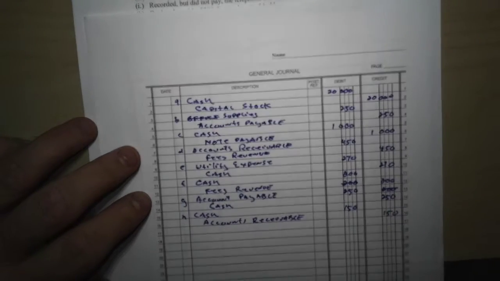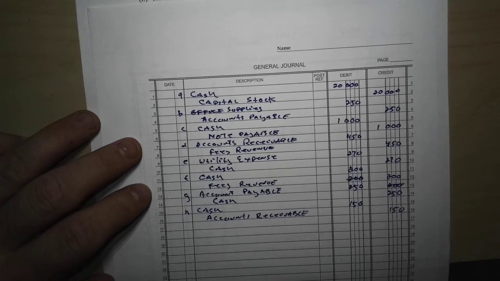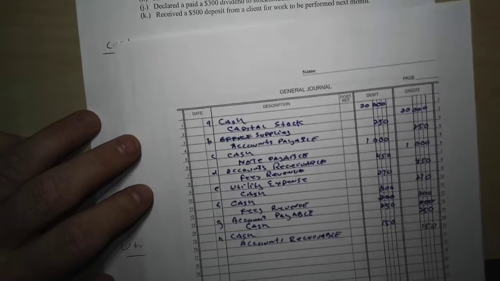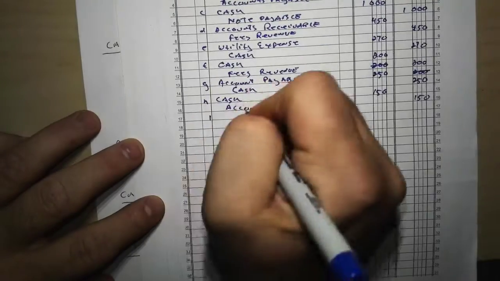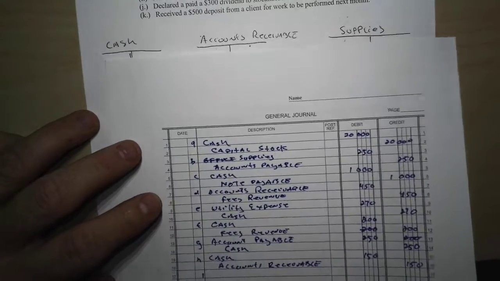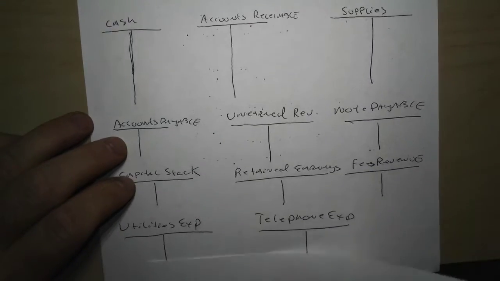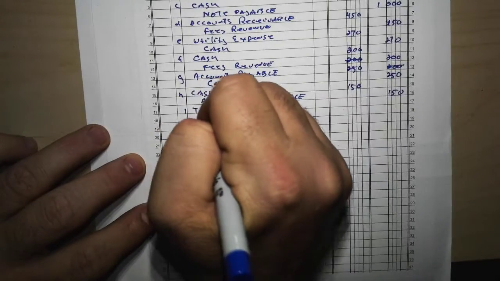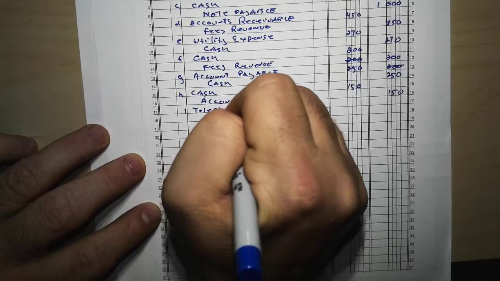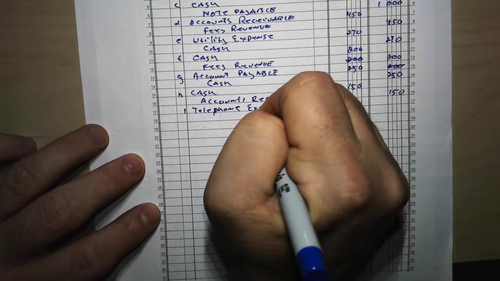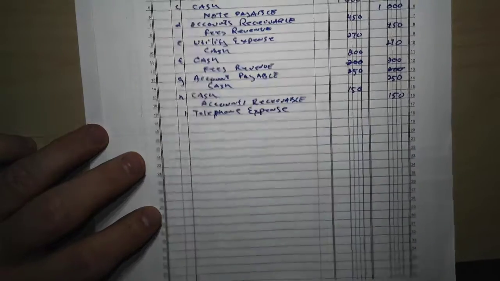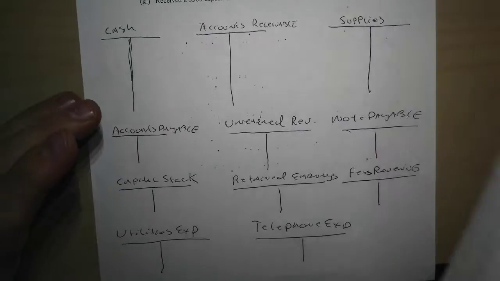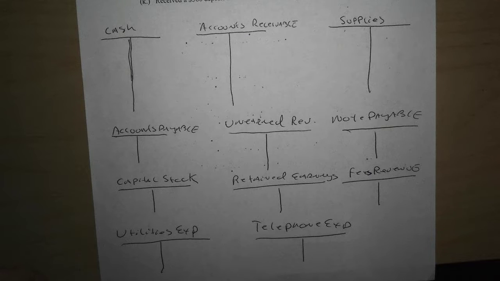All right, and then the next one, recorded but did not pay the telephone bill. So this is an accrual. We're not using cash here. Let's go ahead and record that under I. We have telephone expense, so we'll use telephone expense. So we accrued the expense. And we didn't pay it yet, so let's see, we have accounts payable.